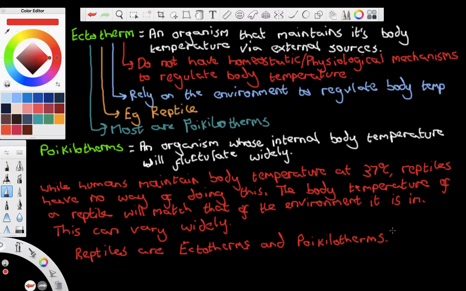Poikilotherms are organisms that allow their body temperature to fluctuate widely, so it won't stay around a set value. It's the opposite of homeostasis. While humans maintain a body temperature at 37 degrees Celsius, reptiles have no way of doing this. The body temperature of a reptile will match that of the environment it's in. This can vary widely. For that reason, we say reptiles are ectotherms and poikilotherms.